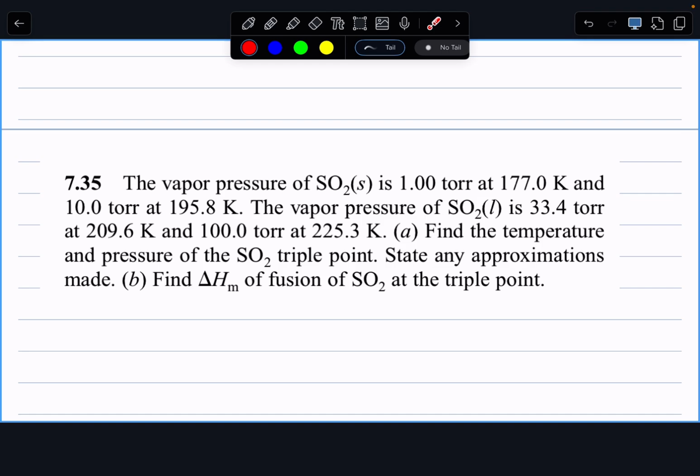All right, so these are the approximations we made. And when the question asks you to state the approximation, make sure you state this approximation if you're using this equation, if you're using the variation of the Clapeyron equation.